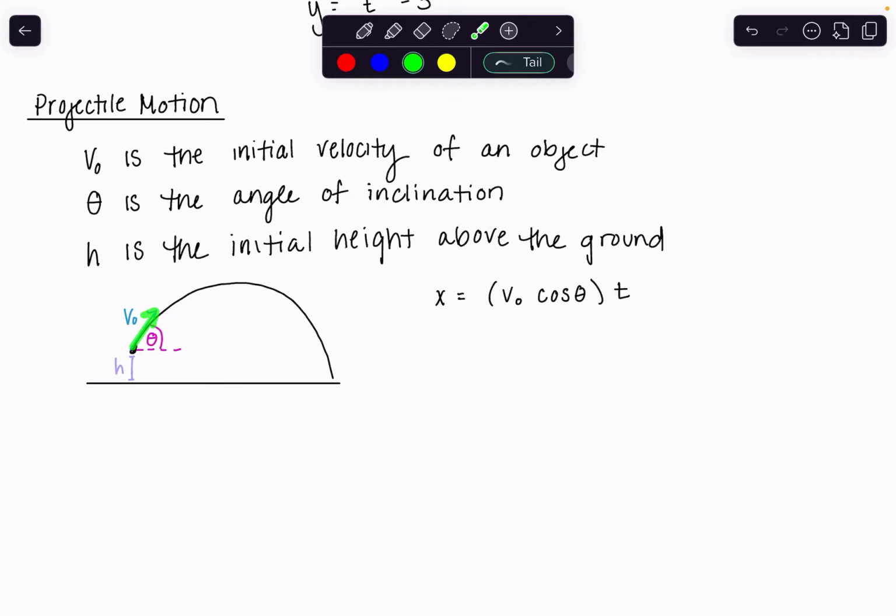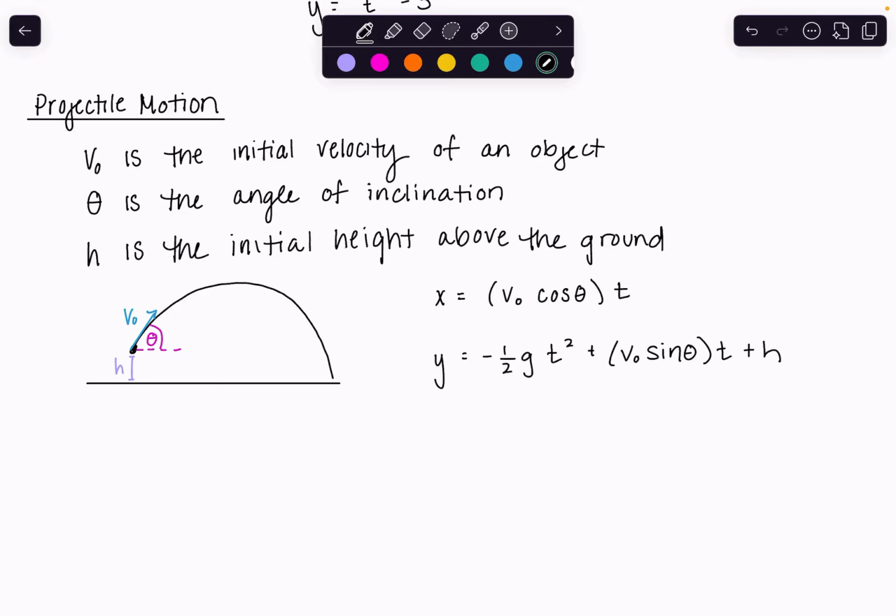So it's really just based on the horizontal component of that initial velocity vector. The y coordinate is more complicated. This is where it gives the parabolic shape. So the y coordinate's given by negative 1/2 g t squared, then we have v0 sine of theta t plus the height.